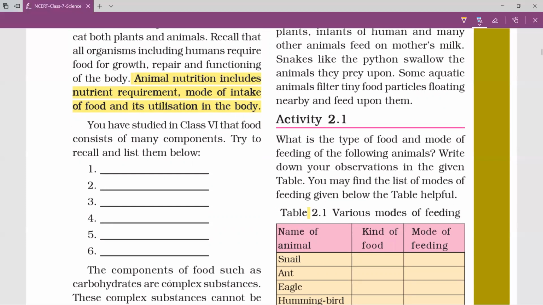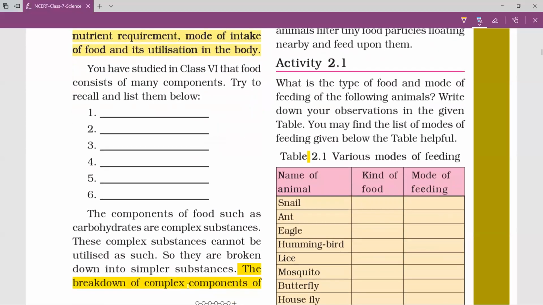These components are not simple. They do not get digested by our body directly, because some components, like carbohydrate, are complex. So they need to be made simpler, and only then will they be assimilated by our body. This overall process is called digestion.